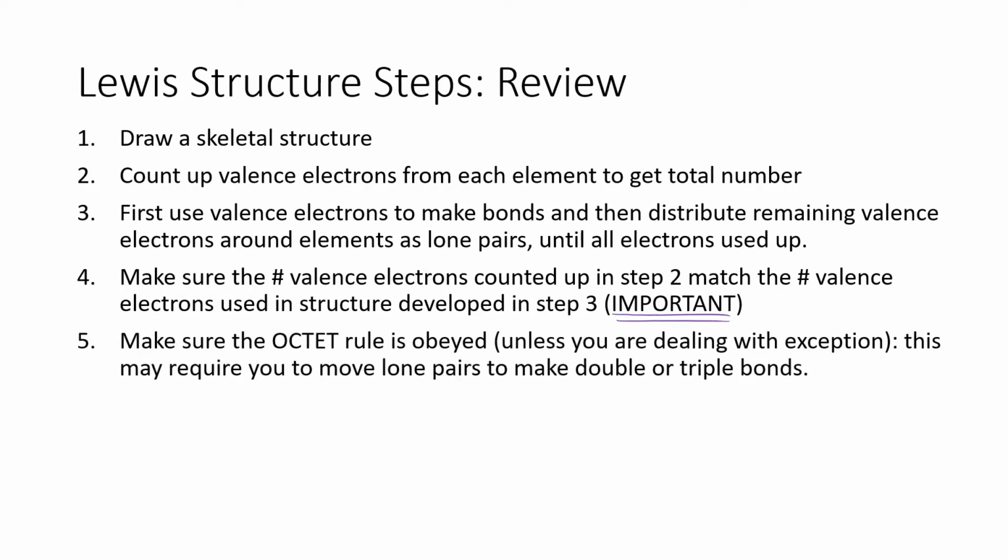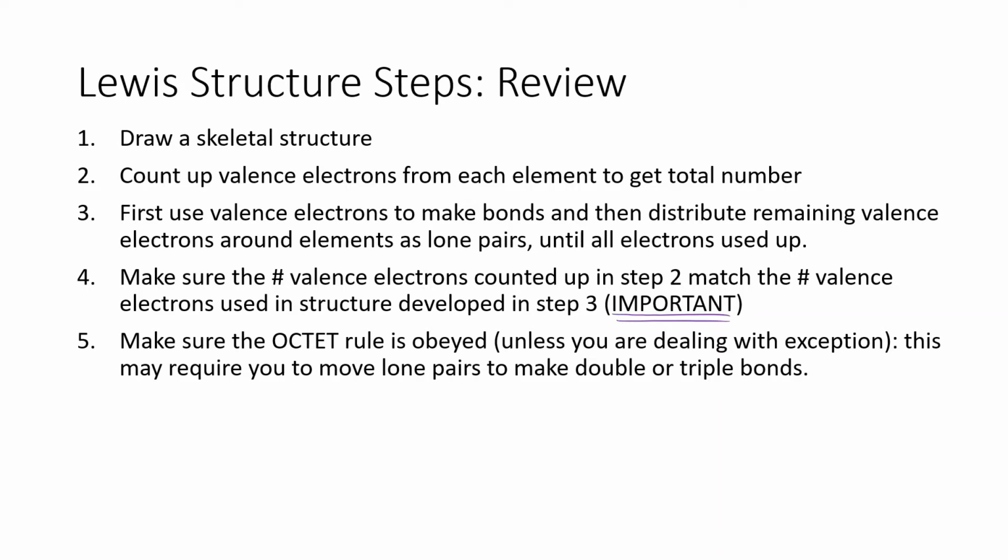Step 5, make sure the octet rule is obeyed. Sometimes you'll be dealing with an exception, but for now, let's just say we're going to obey the octet rule. I'm going to explain this a little bit more, but this means that you have a total of 8 electrons distributed around your atoms.